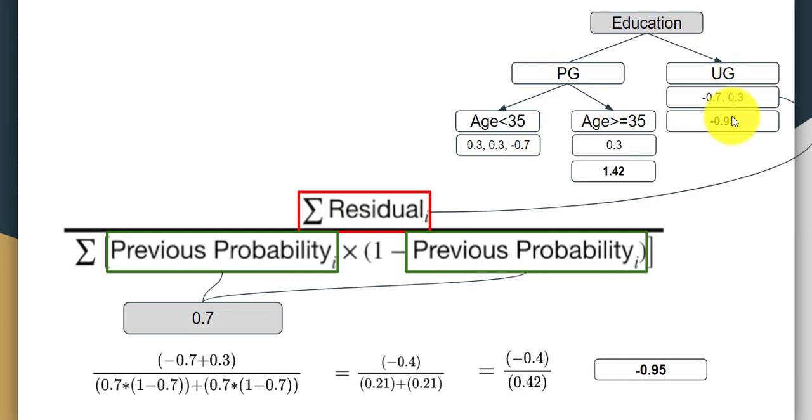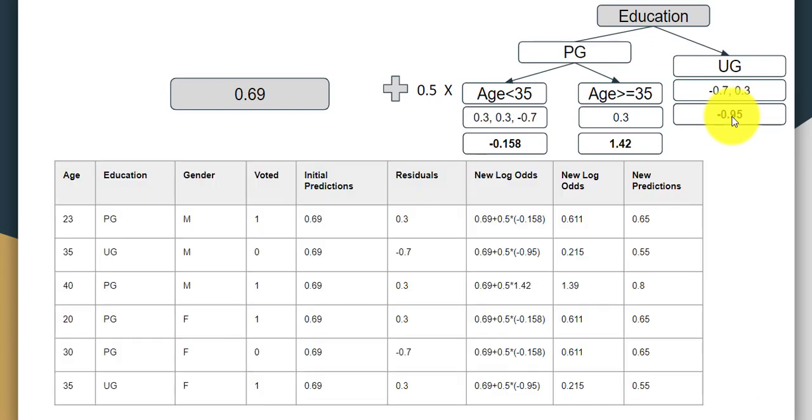Using this transformation, let's say for the third split where education was undergraduate, this is the prediction I get. Similarly for PG, I get minus 0.158 for age less than 35, and for greater than 35 I get 1.42.